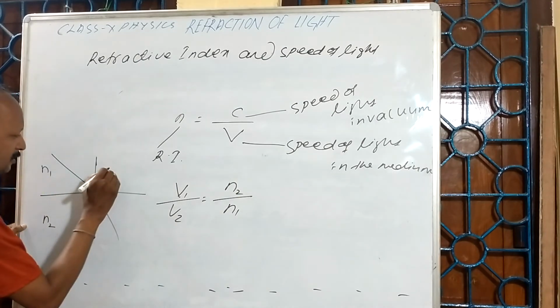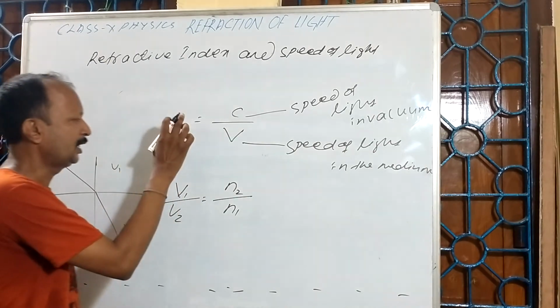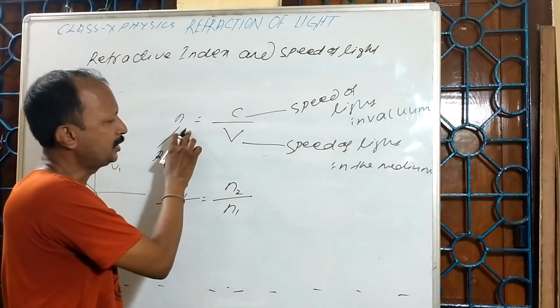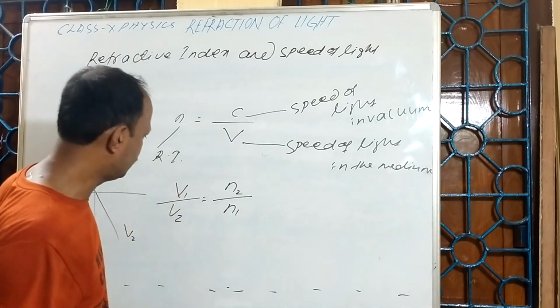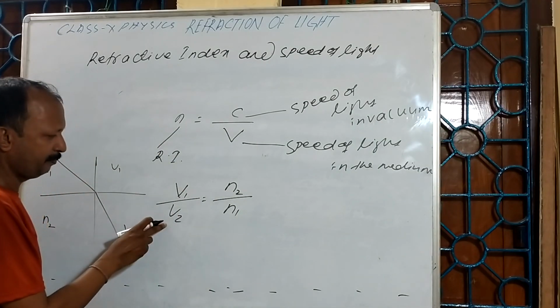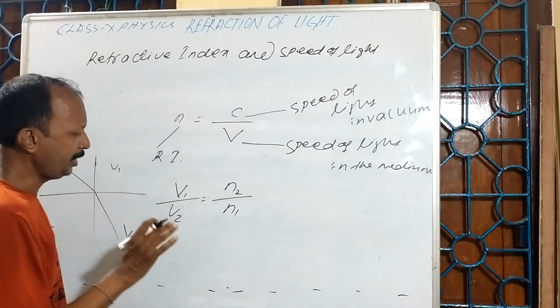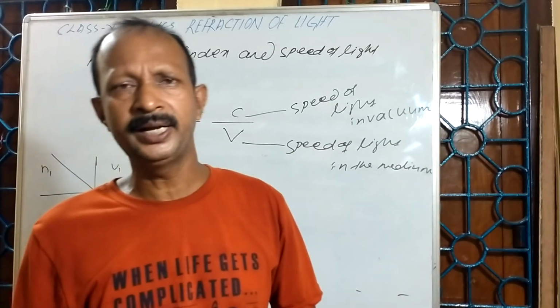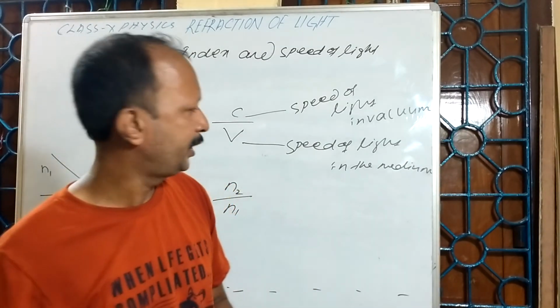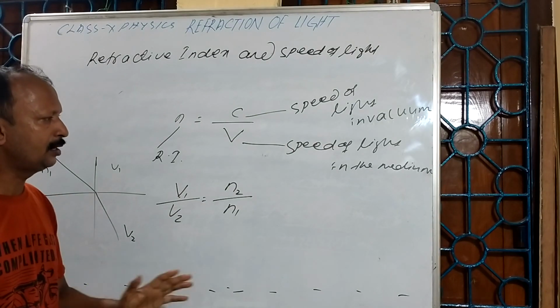If its speed is V1 and its speed is V2, I said that refractive index is inversely proportional to the speed of the light. So I can say that V1 upon V2 is equal to N2 upon N1. This is the relationship between refractive index and speed of light. I hope that you might have understood this concept clearly.